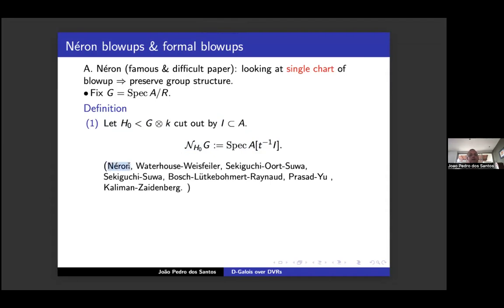It started with Néron, but then it was taken up by Waterhouse, and even in the Langlands world, it shows up in the work of Prasad and Yu. And also, to my surprise, it showed up in the works of people who are interested in things which are not really groups, and also in topology. So it's a very, very common object.